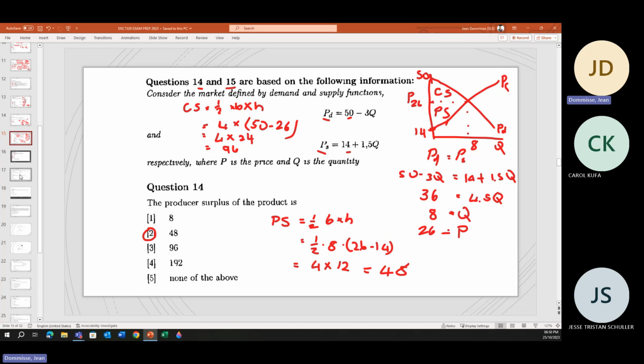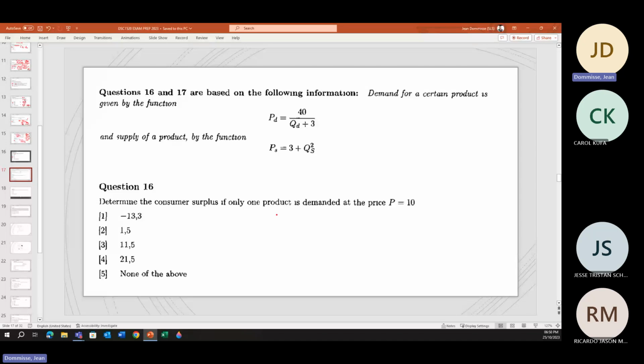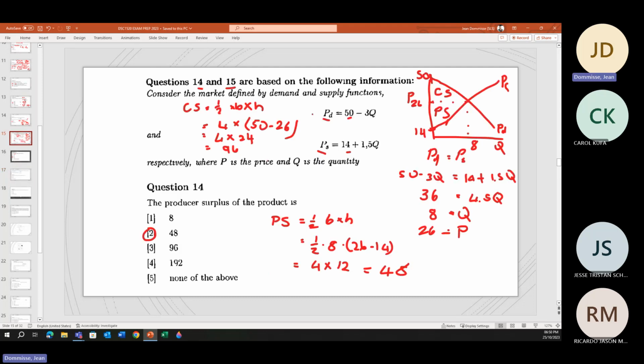So let's go to the next question. We've got a bit of time left. So again, questions 16 and 17. So in this paper, they loved to do 2 or 3 questions on the same information. They give you the demand for a certain product, the supply, and here you can now definitely see with the previous one, straight linear equation.